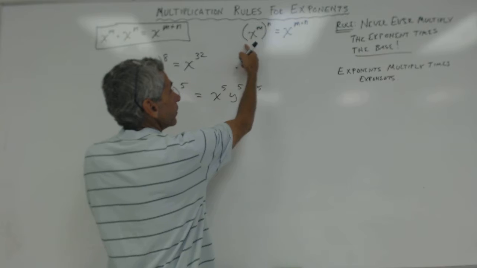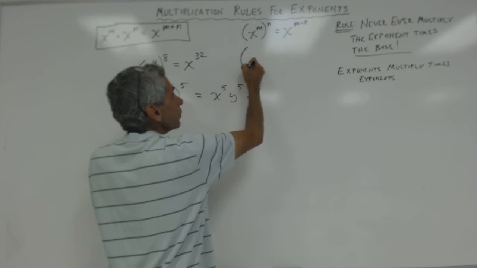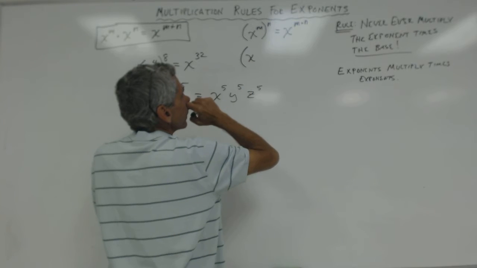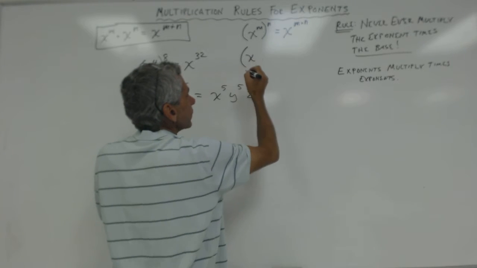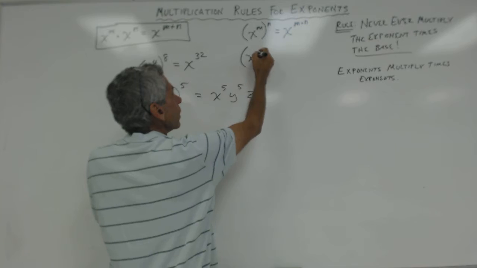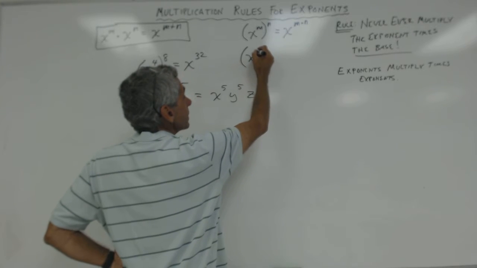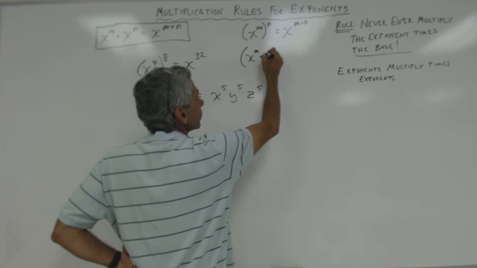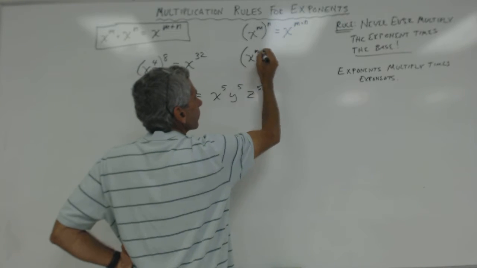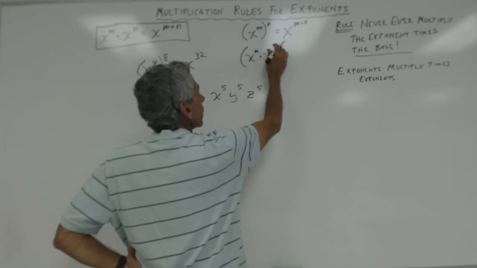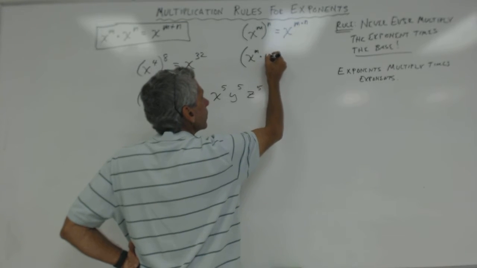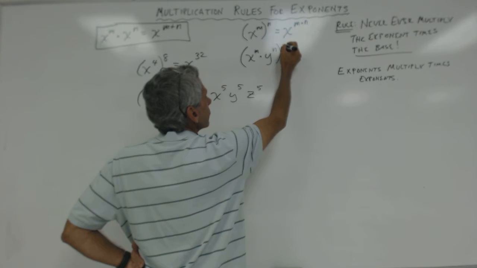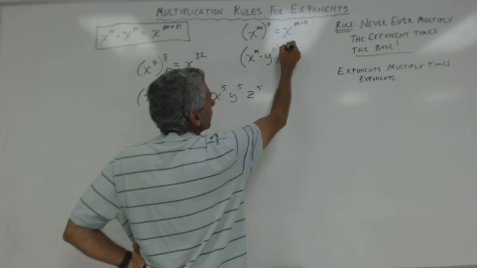Now, there's another rule that looks very similar to this one. I'll write it this way: x to the m times y to the n, all raised to the p power.